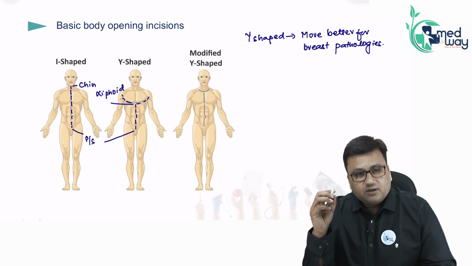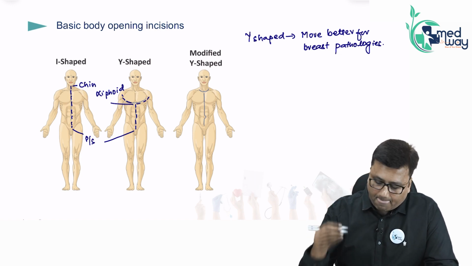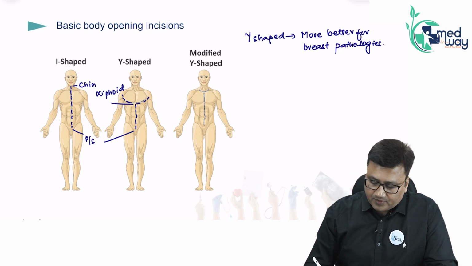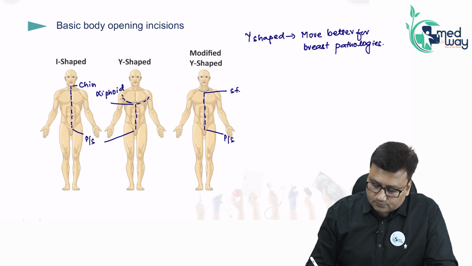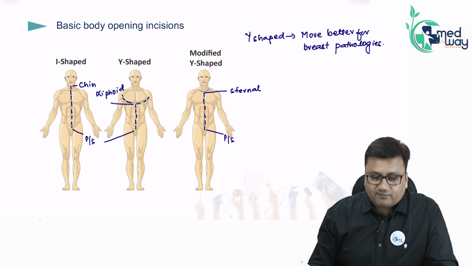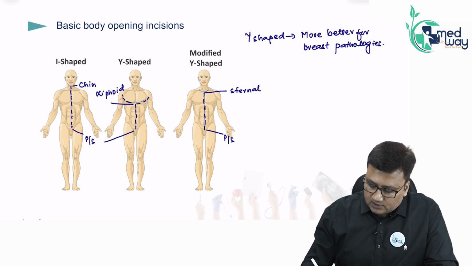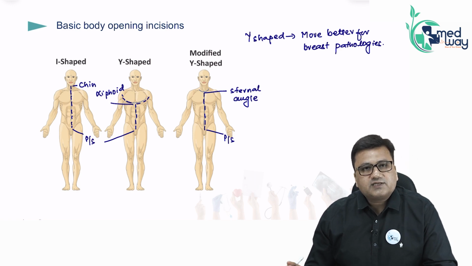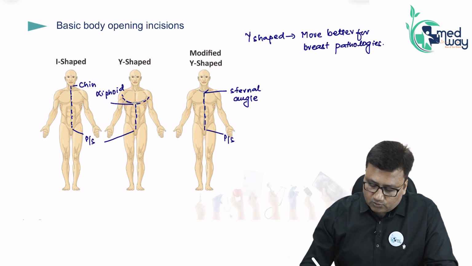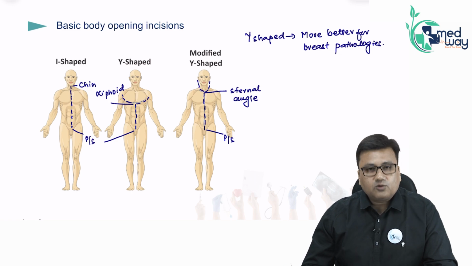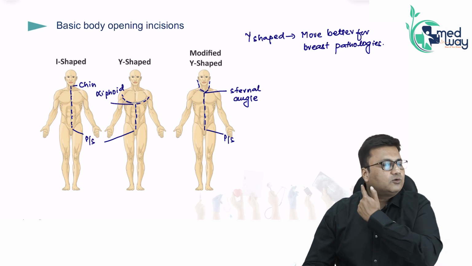And the third one is what is called a modified Y. Again, it contains a basic I which now runs from sternal angle till pubic symphysis. So, we have now a straight line running from sternal angle till pubic symphysis, and then two oblique incisions going from the sternal angle towards mastoid.